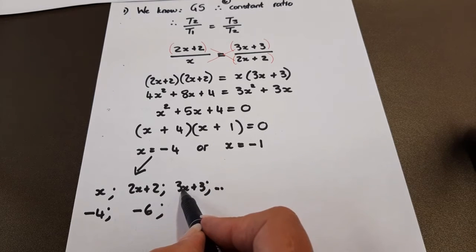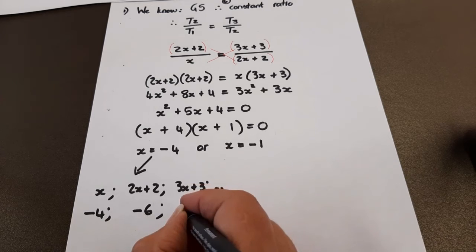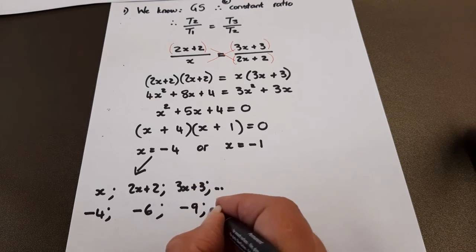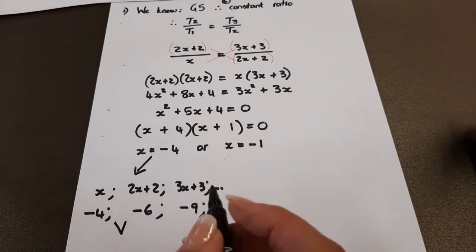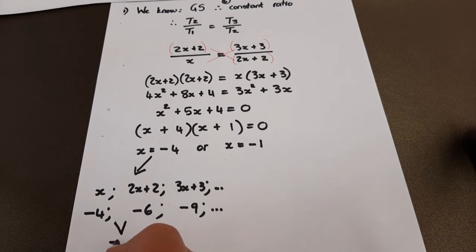Minus 4 times 3 is minus 12, plus 3 is minus 9. They told us it is a geometrical sequence, so to get our ratio, it's minus 6 divided by minus 4, and that will give us 3 over 2.